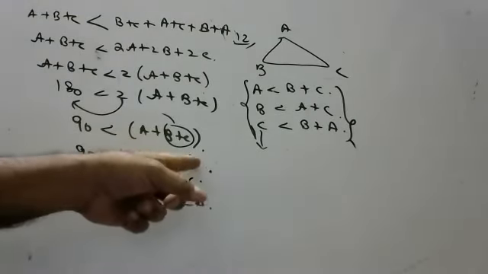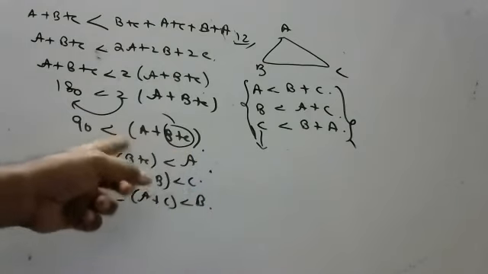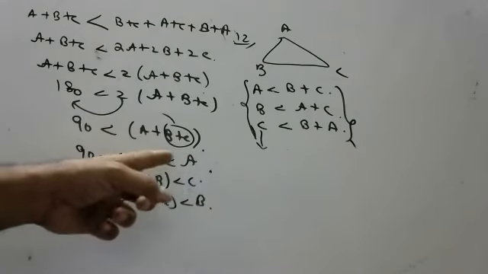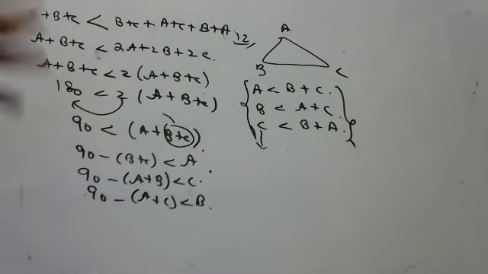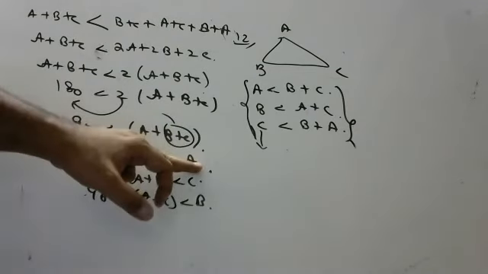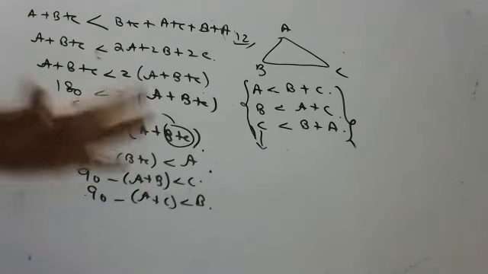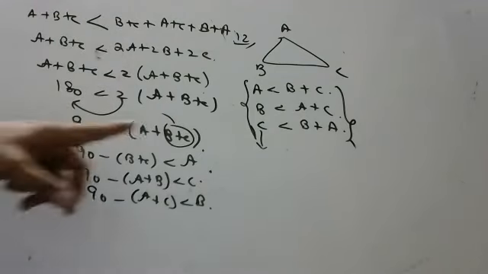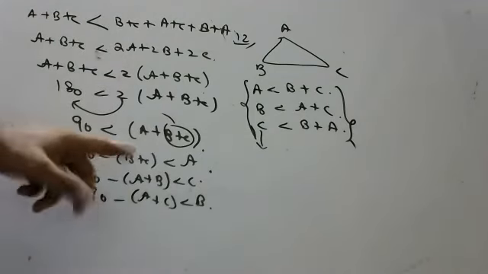You see, 90 minus something is less than A, which means each angle is becoming less than 90 degrees. So each angle is 90 minus something.